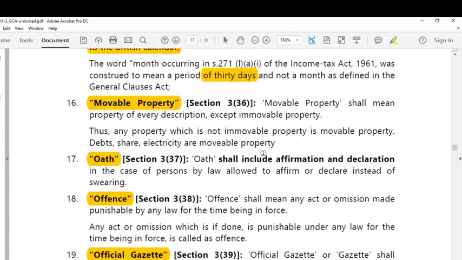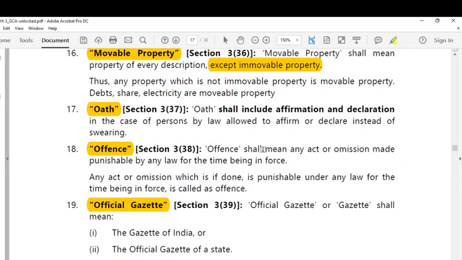Movable property shall mean property of any description except immovable property. Oath. Oath shall include affirmation and declaration, in the case of persons by law allowed to affirm or declare instead of swearing.